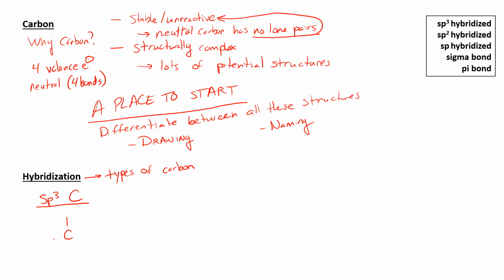That is a carbon that has 4 single bonds to it. Alternatively, we call these sigma bonds, with the Greek letter sigma. Sigma bonds and single bonds essentially mean the same thing.